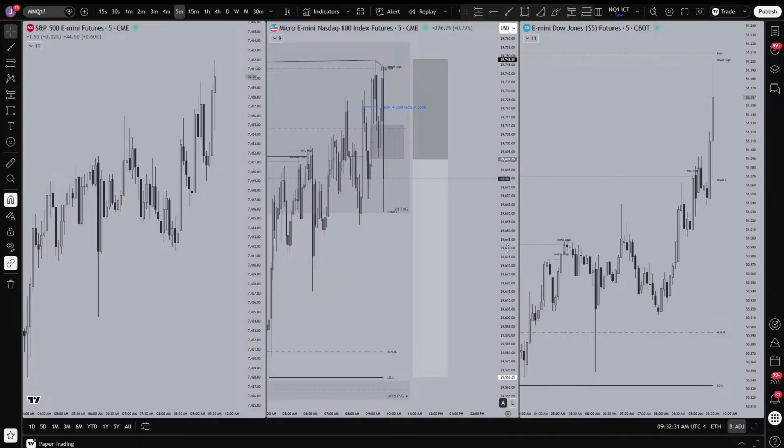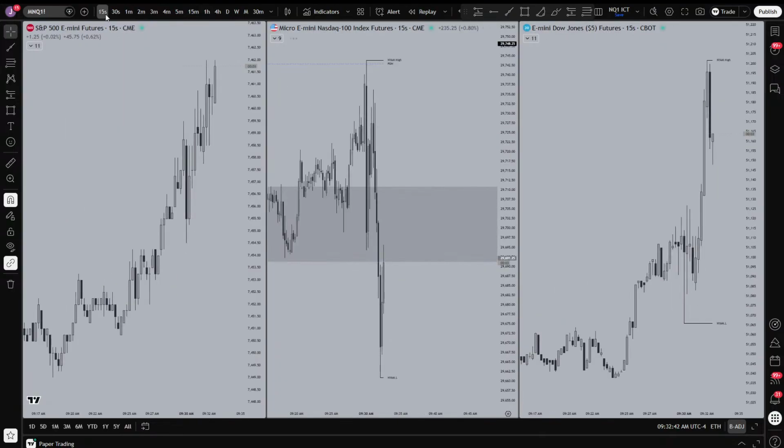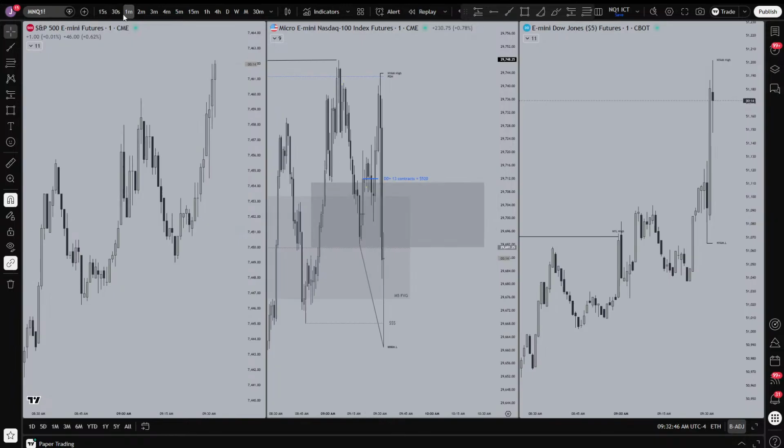ES is trying to make a push higher, it looks like, for its highs up there, possibly. But let's see. Yeah, it's a weird print.